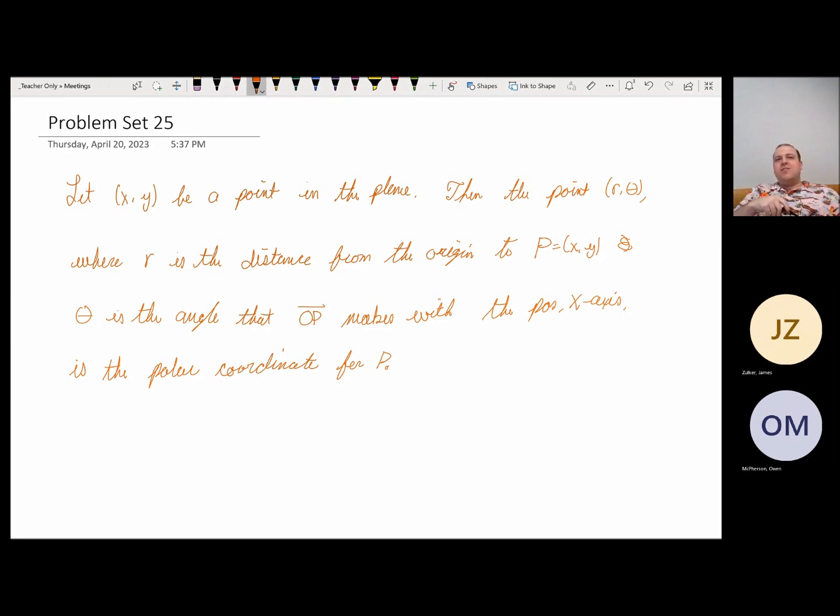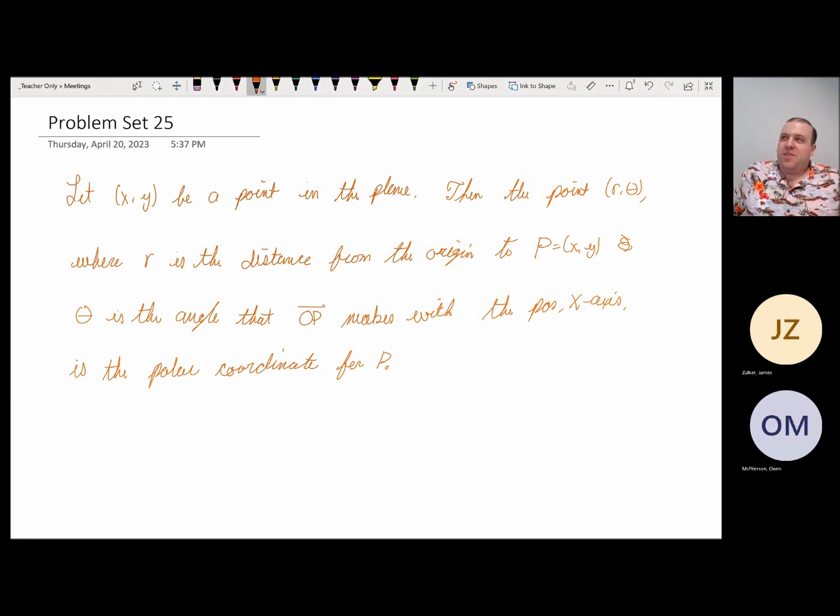So no, they're not unique. However, we typically restrict theta to be between 0 and 2 pi. So in that sense, it would be unique. There'd only be one. That is the general acceptance: r, of course, non-negative, and theta an angle between 0 and 2 pi.